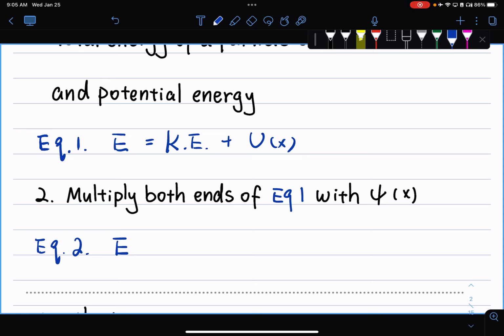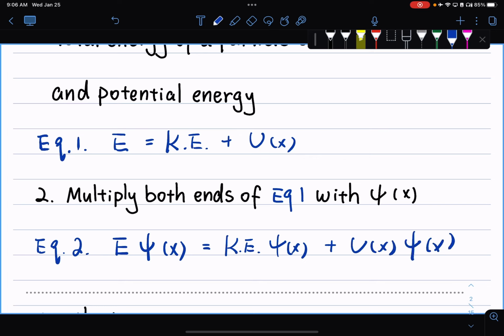So instead of phi of x, y, z, and t, let's just focus on the one-dimensional problem. So E times phi of x equals kinetic times phi of x plus potential times phi of x. Nothing fancy. We're just multiplying both sides of the equation with the wave function phi of x.